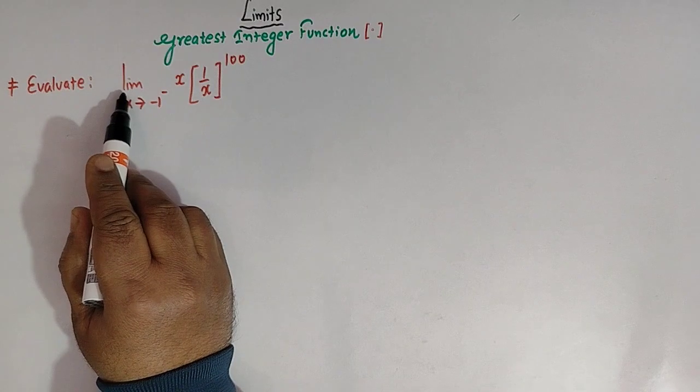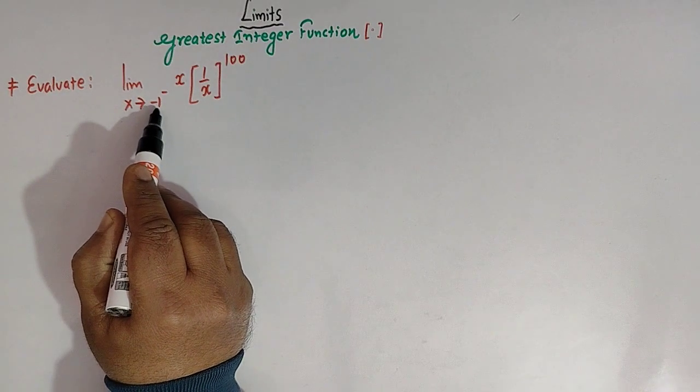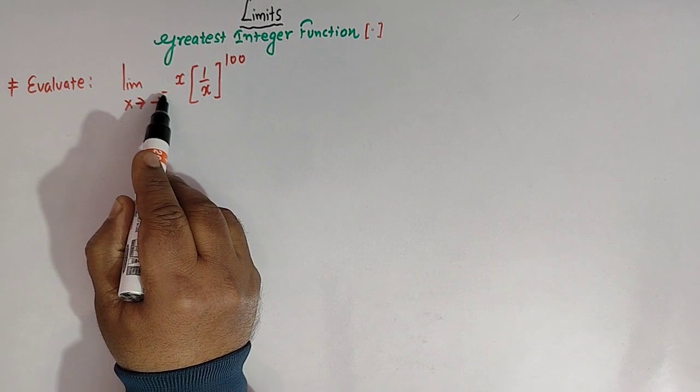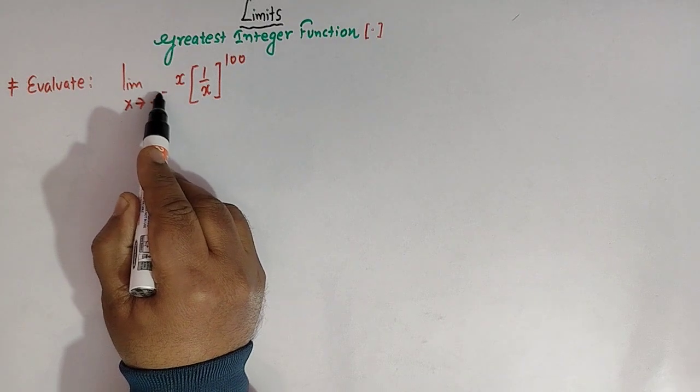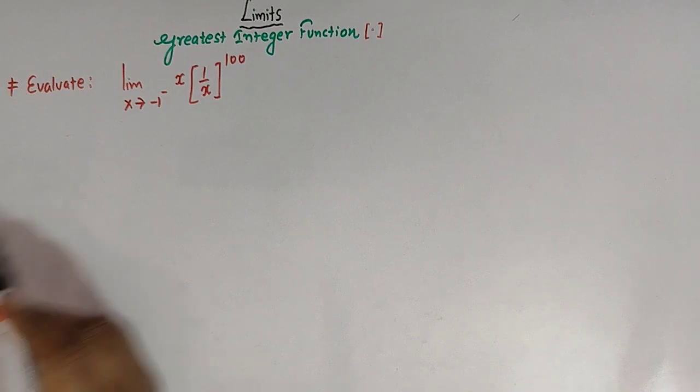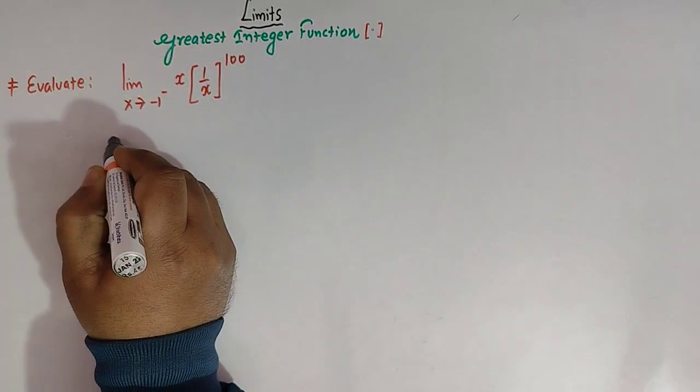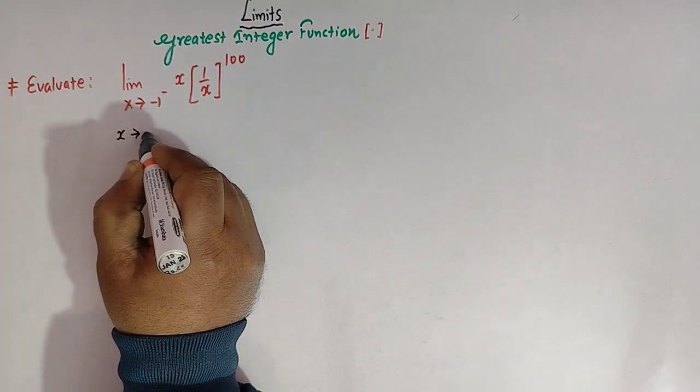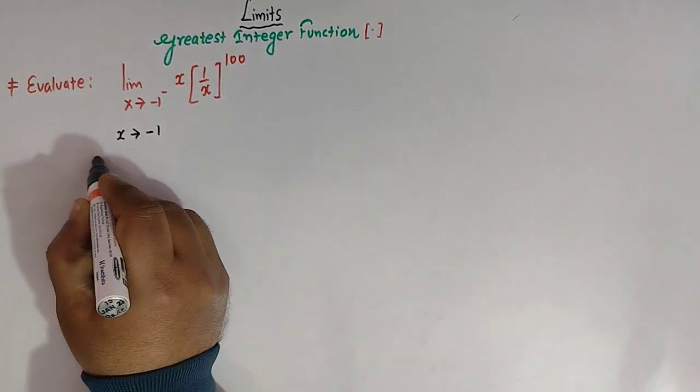Now here we have to find the value of this limit. We are given limit x tends to minus 1, and here we have the negative sign. This negative sign shows that we have to find the left hand limit of this function when x approaches minus 1 from the left.